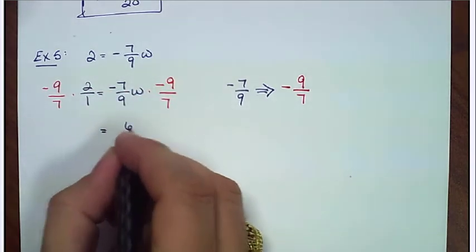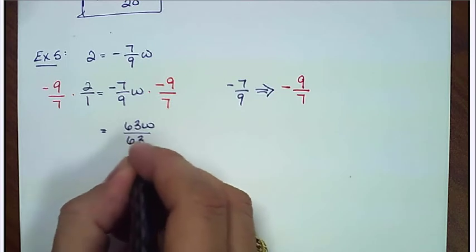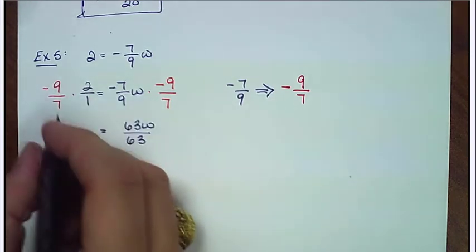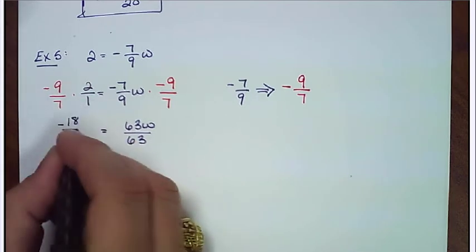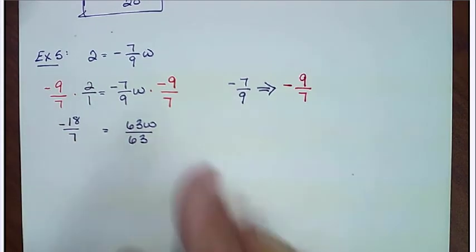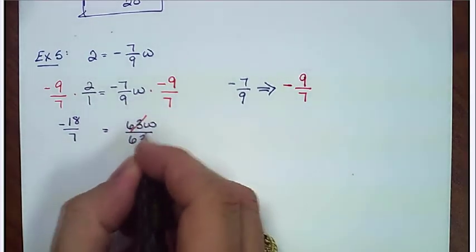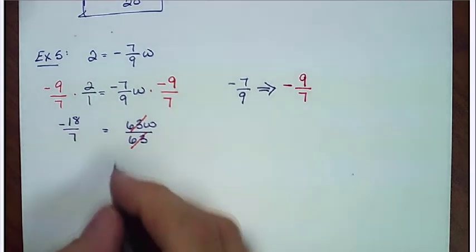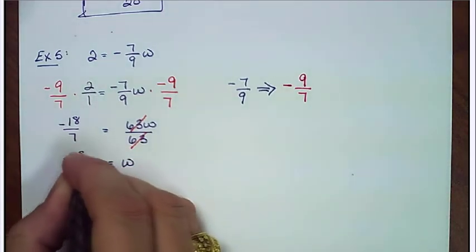So I get 63w over 63. 2 times 9 is, of course, 18. So this is negative 18. 7 times 1 is just 7. So this is going to give me 63 divided by 63. They divide out to give me 1. So they cancel. So that's just going to give me w is equal to negative 18 over 7.